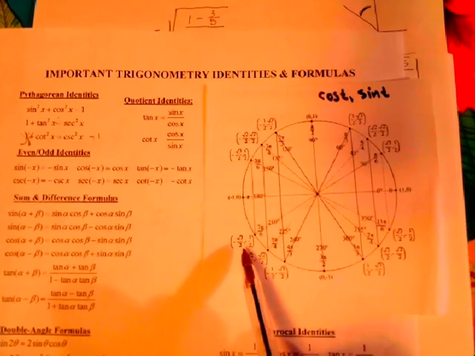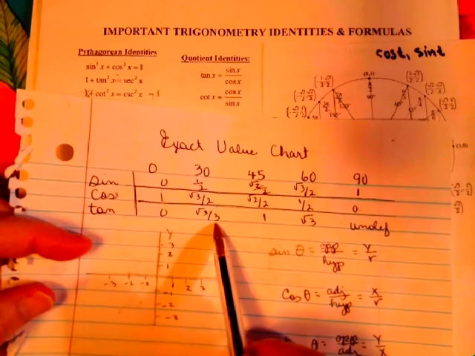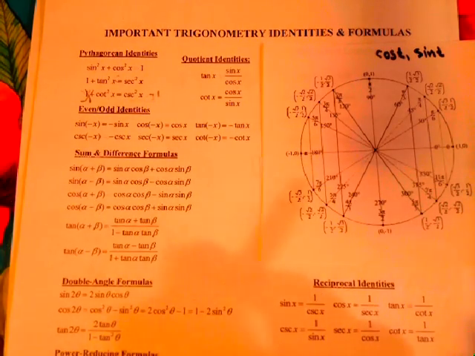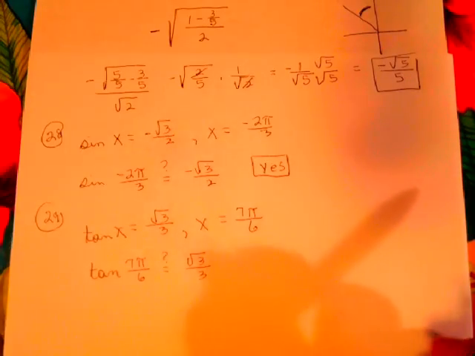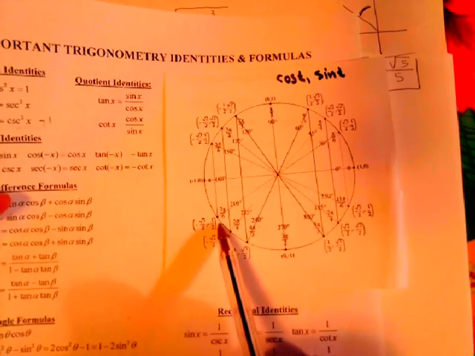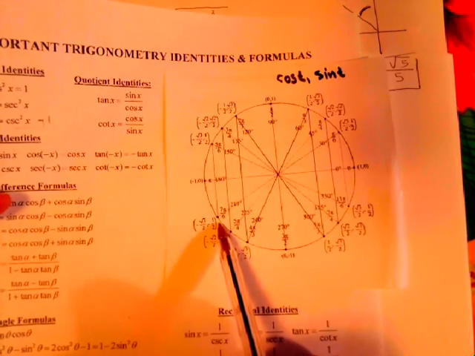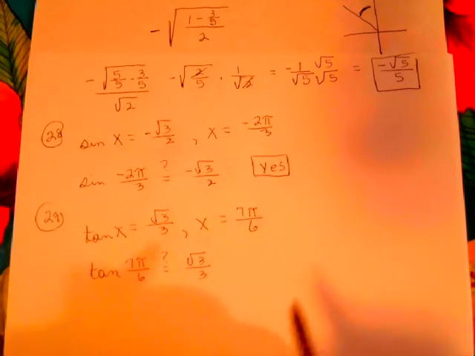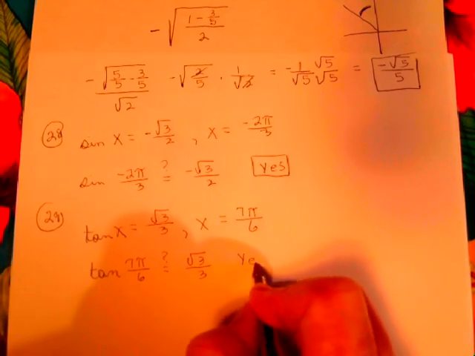Or you can look at your exact value chart, find the tangent of 30 degrees is the square root of 3 over 3. In the third quadrant, tangent is positive. So, yes, this is also true.